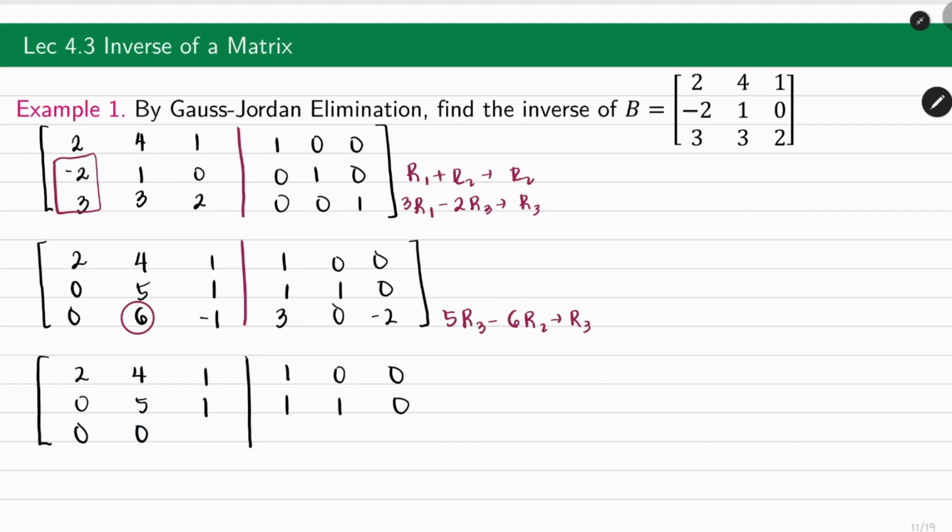And then this one, 5 times negative 1, negative 5 minus 6, negative 11. And then after that, here on the other side of the matrix, 5R3, 15 minus 6, 9.